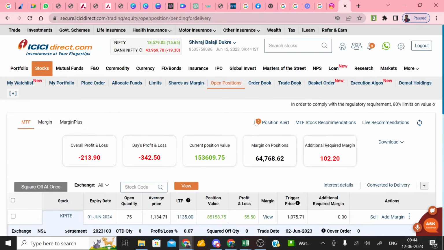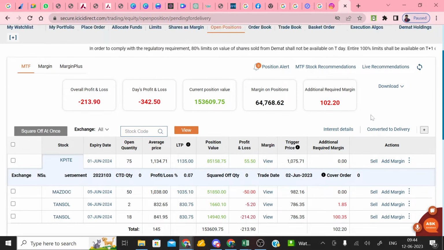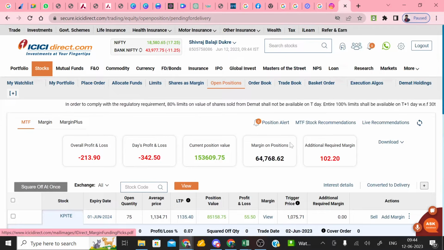I have only 10,000 in my account. So I don't want to convert that into delivery at the moment. Once I have the full amount, I can convert, and then those are my holdings. Automatically the security will be removed from here, and it will be deposited in my demat account.